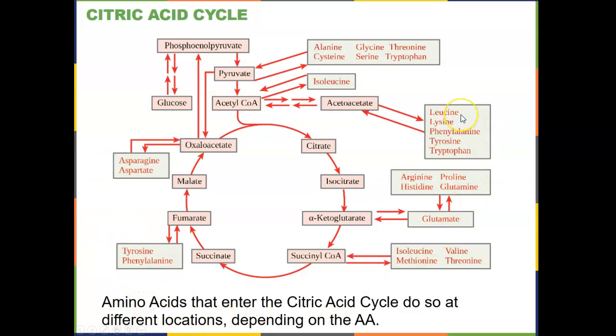There's 8 that we must get in our diet, but we can use those 8 to make all of these amino acids using steps and processes of the citric acid cycle, and indeed the pyruvate to acetyl-CoA oxidation process, and the glucose to pyruvate glycolytic pathway. We can use all of that as a mill to make various molecules that are useful to us.